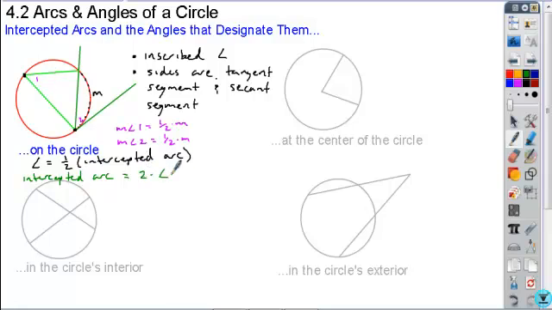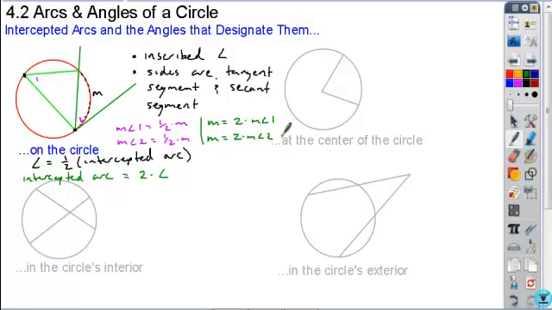And so the intercepted arc is equal to 2 times the angle. So here, if we wanted to find M, we could either say M is equal to 2 times the measure of angle 1, or M is equal to 2 times the measure of angle 2. Either of those relationships hold true. Right, so this is a pretty standard basic relationship.